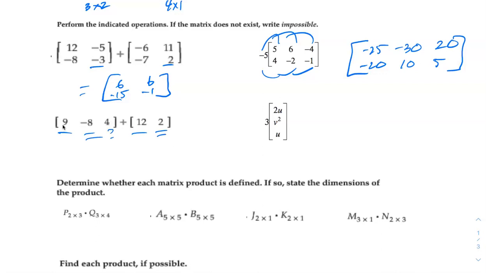Don't know. So this is not possible, or impossible. When you add or subtract, they have to be exactly alike. So impossible there. This one, just like the one above it, we just distribute, and we get 6u, 3v squared, and 3u. That u's ugly. There we go.